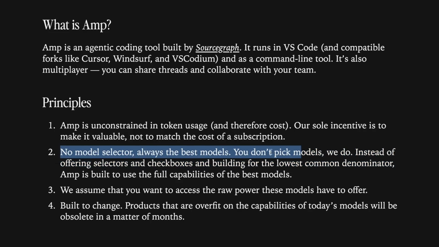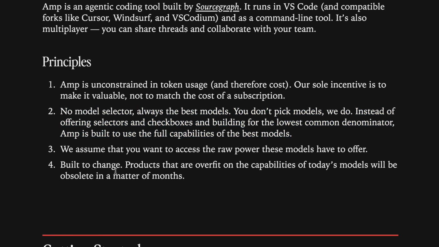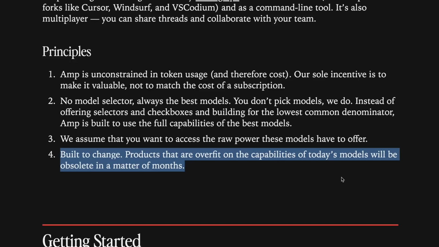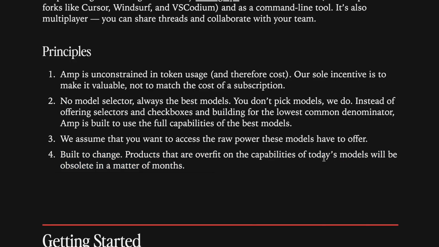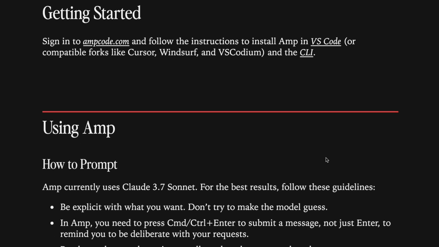They also say that there is no model selector. You don't pick models, they do. Instead of offering selectors and checkboxes and building for the lowest common denominator, AMP is built to use the full capabilities of the best models. It also doesn't compress the model or anything like that, and only works with the raw power these models have to offer. They also rapidly iterate, and there's a new thing every week or every few days, meaning that it gets updated rapidly.